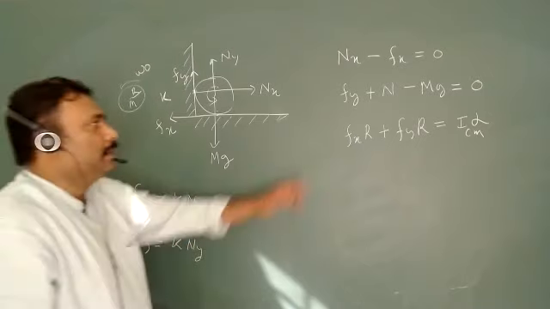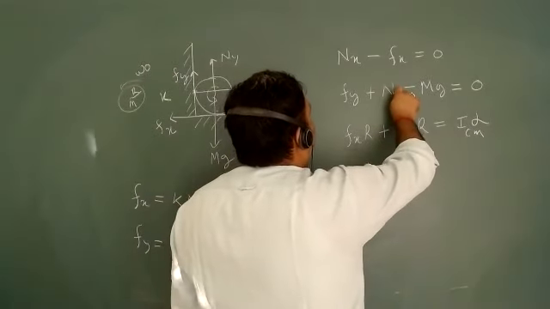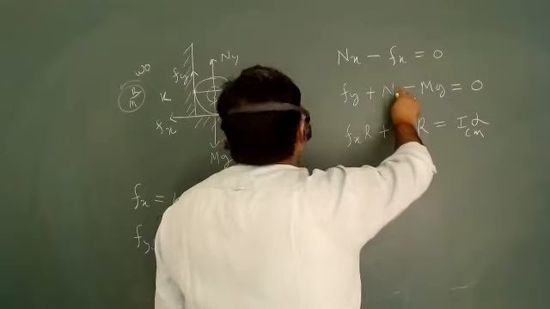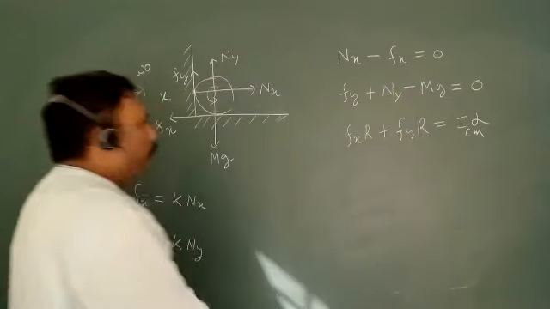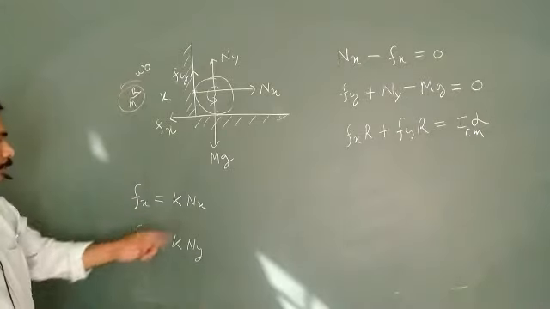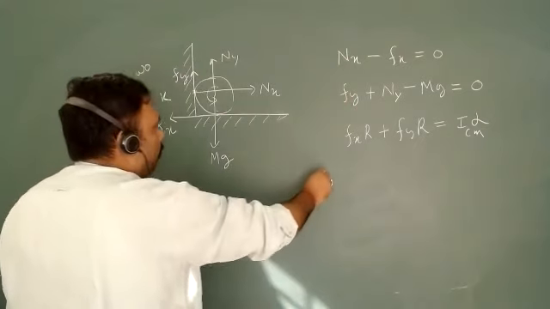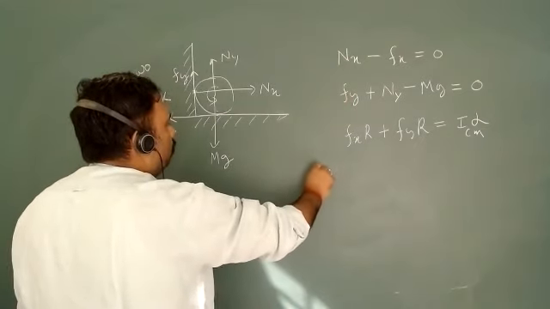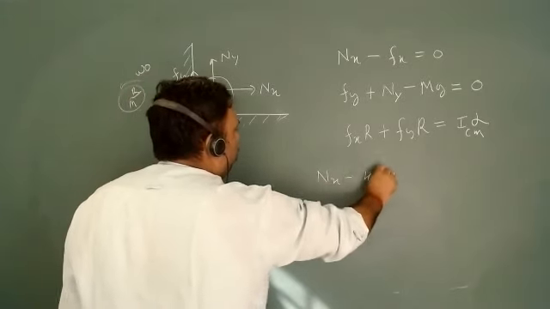So from these two equations, and this will be Ny actually, Fy plus Ny, yes. So I can put this equation here. That value is Nx minus k Nx.